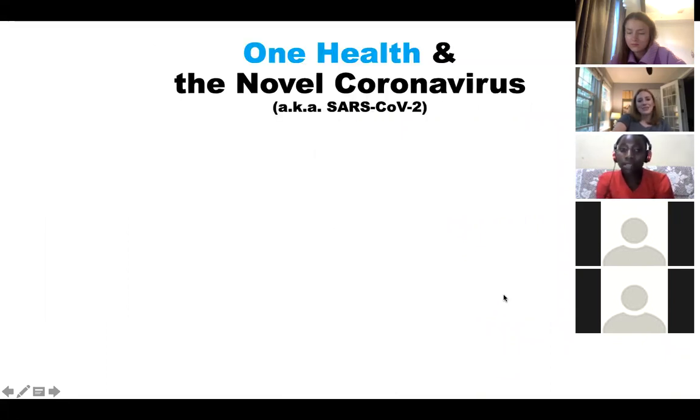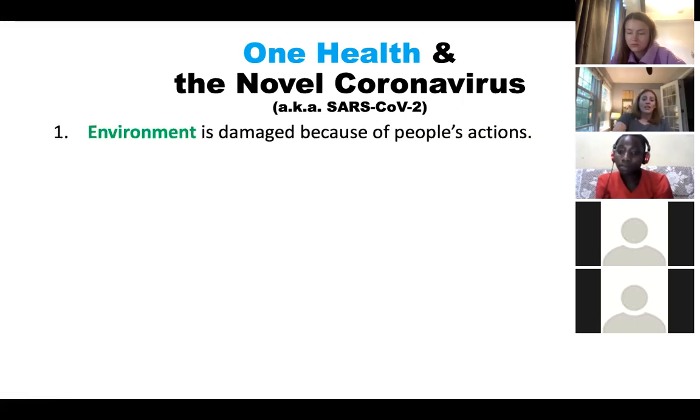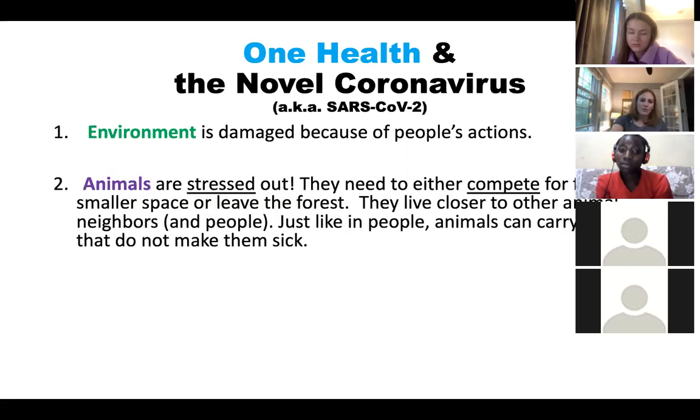Now, why is this related to coronavirus, the novel coronavirus SARS-CoV-2? It's pretty much how we treat the environment, right? It all comes down to how we treat the environment. Because with a suffering environment, the animals are stressed out. They're competing more. They live closer to other animals that they really don't belong near, and they live closer to people.